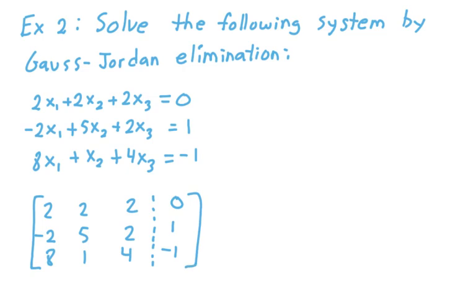Okay, now the same rule applies. What I'm going to do is turn that first entry here into a leading 1 using an elementary row operation. So I'm going to take row 1, multiply by 1/2, and put the result back into row 1.